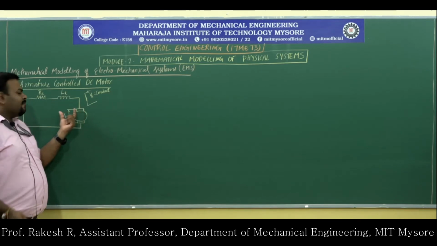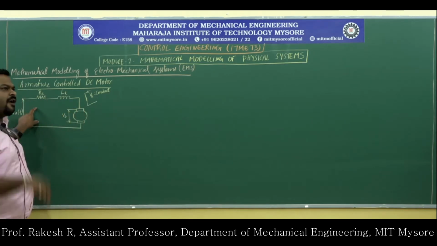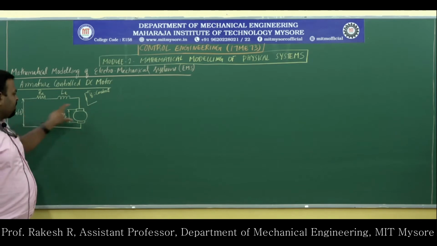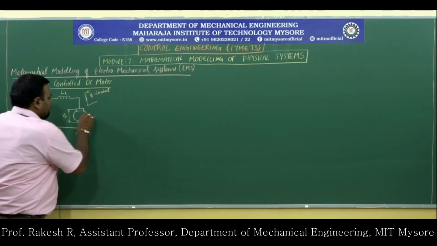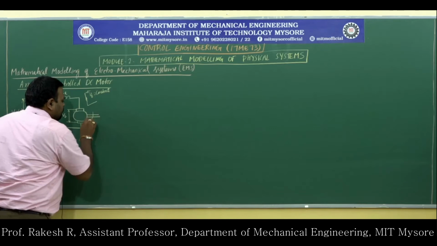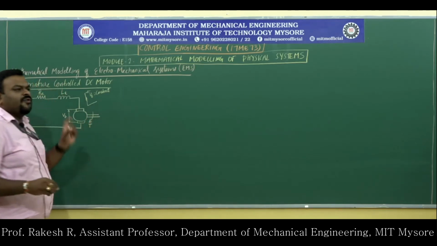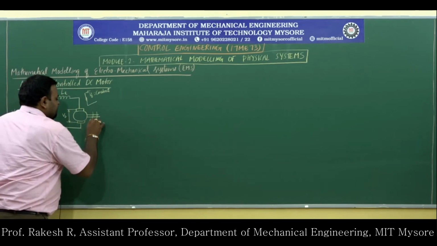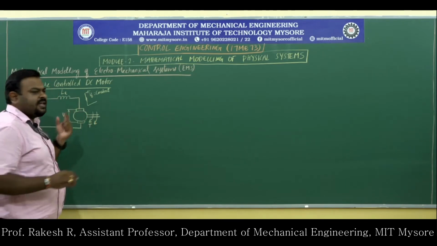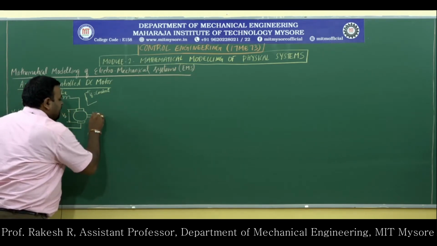Because of the excitation of the armature voltage, we will get a torque, and this torque will rotate the motor. The torque generated is T and the rotation is theta.